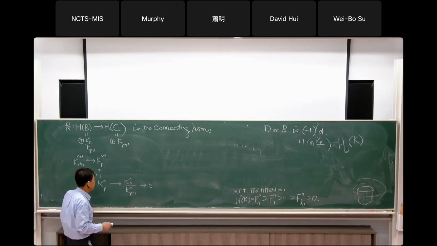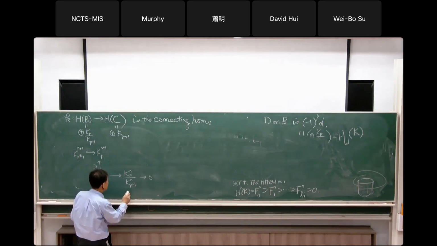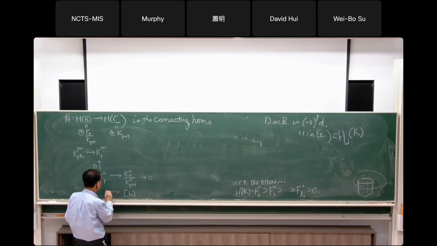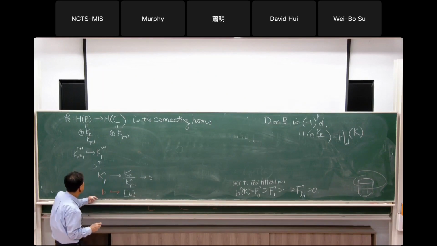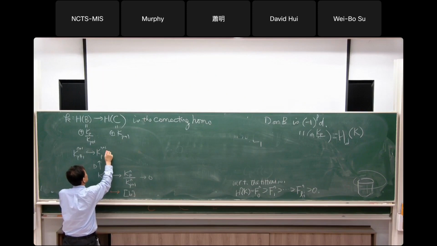So if you start with a class here, that comes from B here, and then you go up to dB.